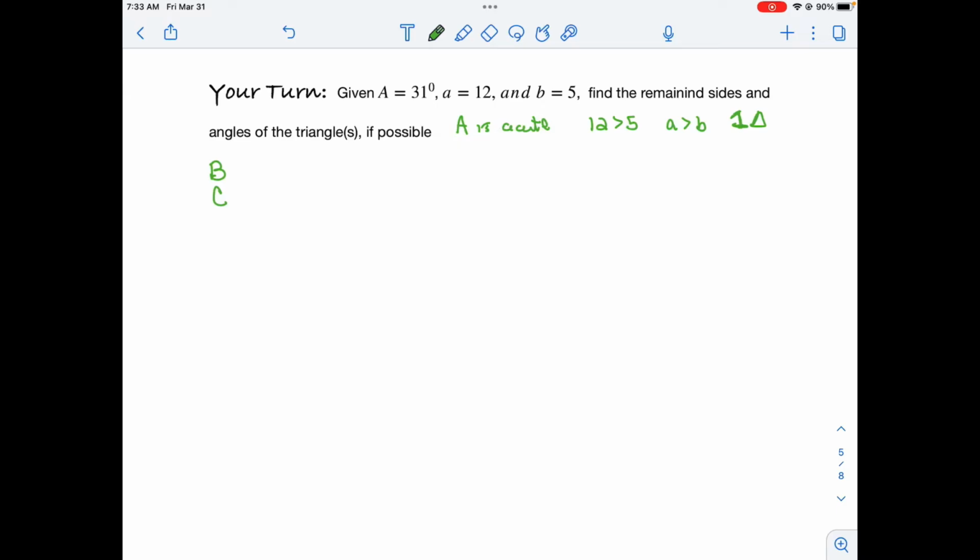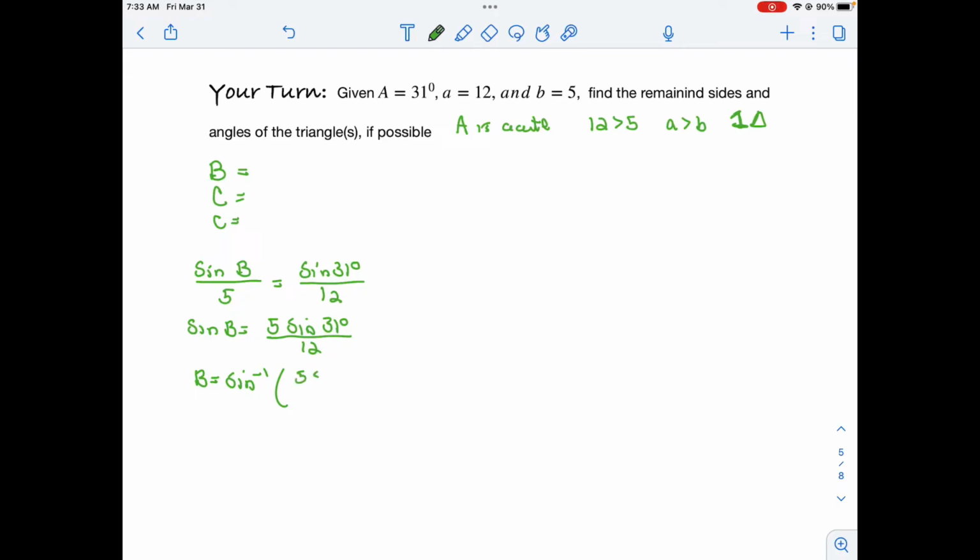So let's see, what's missing is angle B, angle C, and side C. All right, I want you to find the measure of angle B first. So to do this, I set up my proportion as the sine of B over 5 is equal to sine of 31 degrees over 12. Solving for angle B, I'm going to multiply each side by 5 and then take the inverse sine.